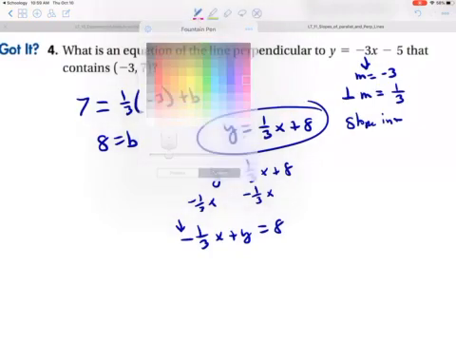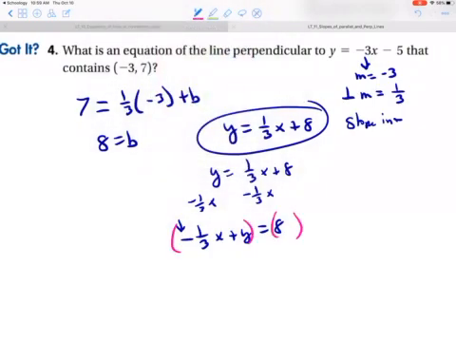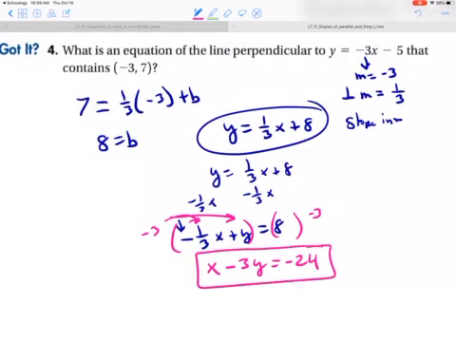So what I'm going to do is multiply through by -3 on both sides. By doing that, I distribute in, and this gives me x minus 3y equals -24. Now this is the same equation, it's just I used the multiplication property of equality.